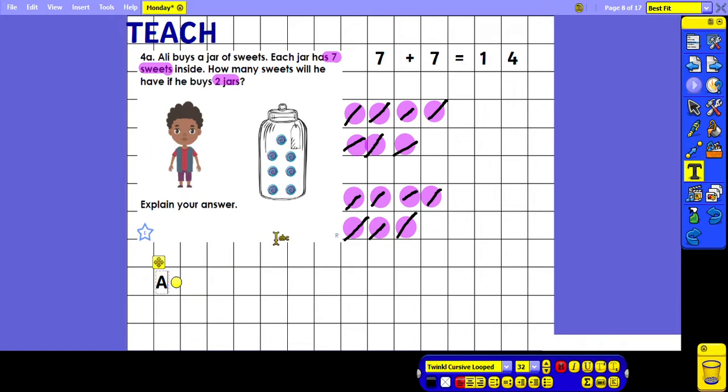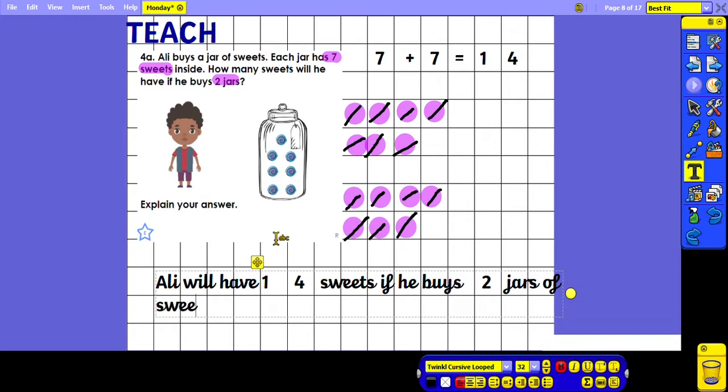So we know that Ali will have 14 sweets if he buys 2 jars of sweets, because double 7 is 14.